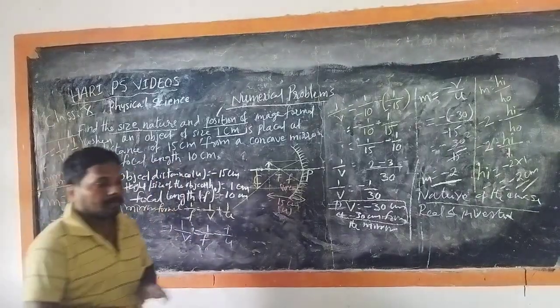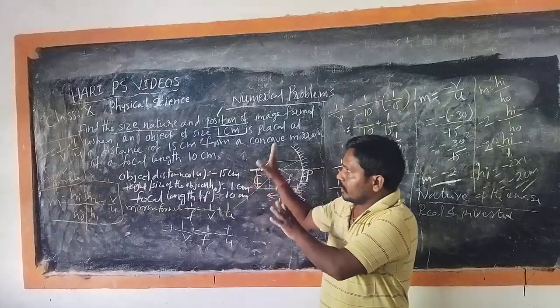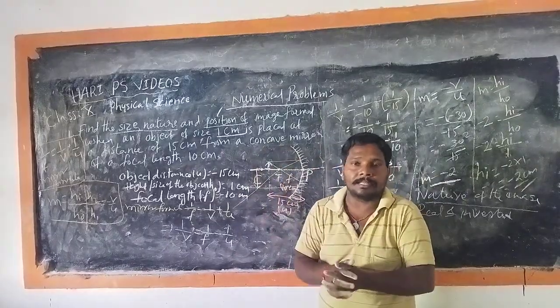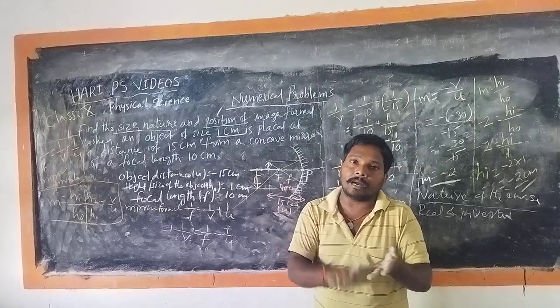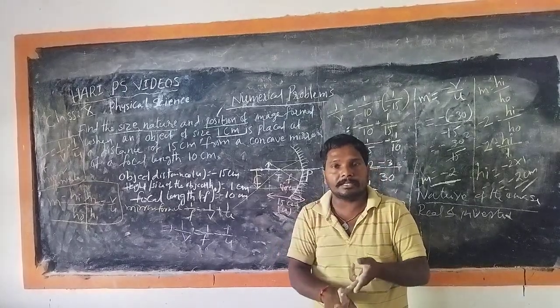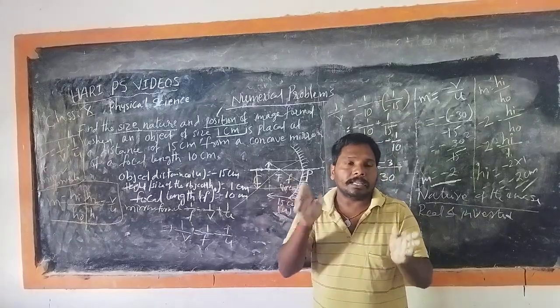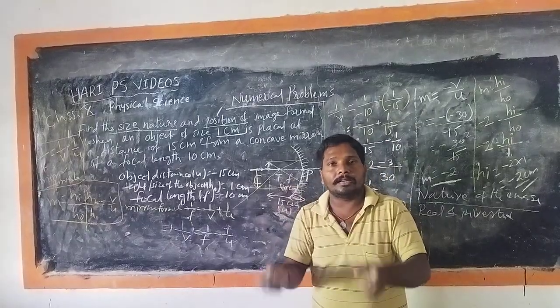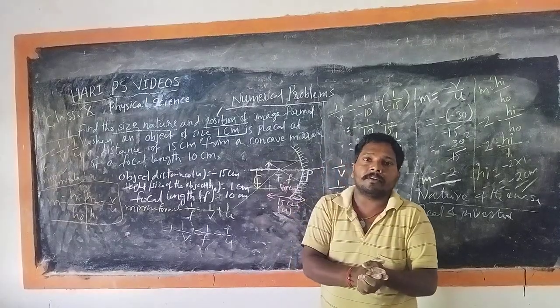In this way, the problems will be asked in the examination. Just by changing the values, you have to practice them. They may ask the magnification, the object distance, the image distance, the size of the image, or the nature of the image: real, inverted, diminished, enlarged, or virtual.